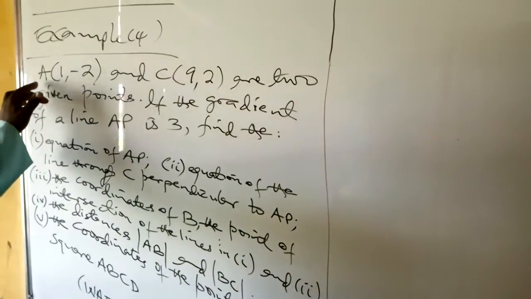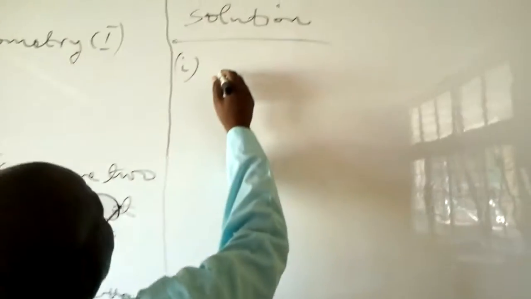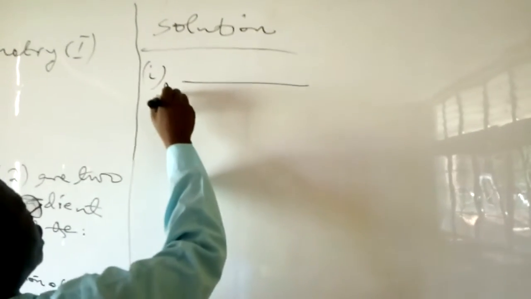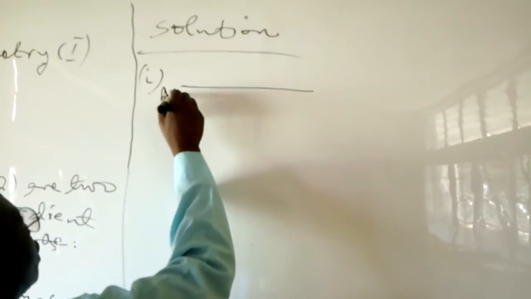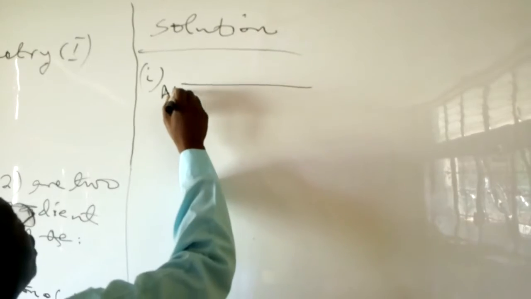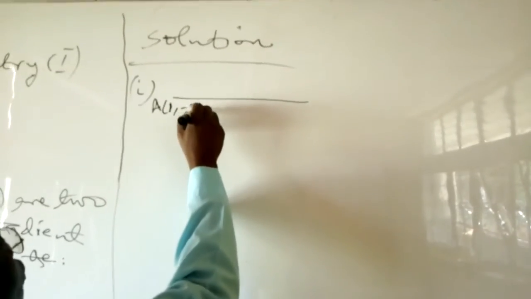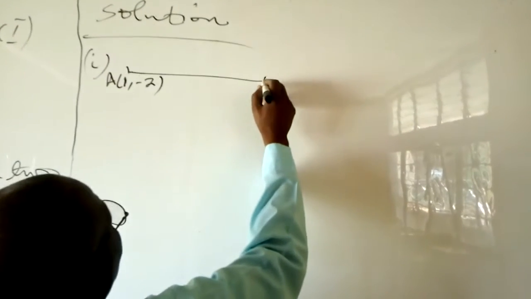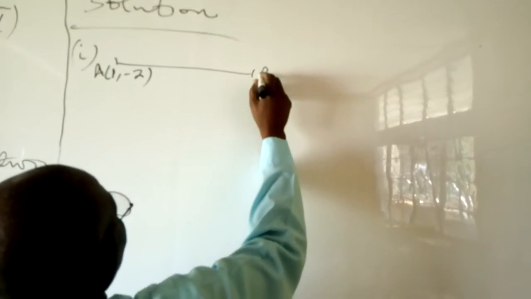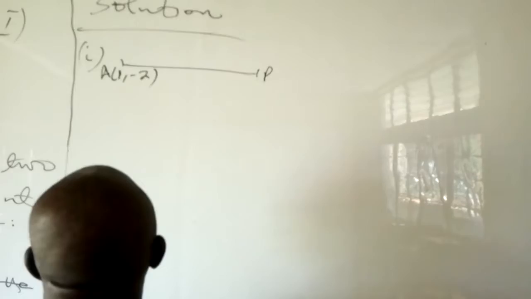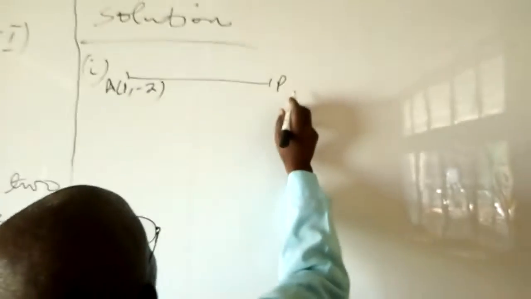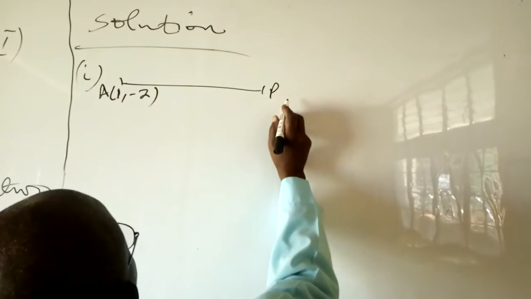If I sketch this line, this is the end point A(1, -2). Then there is point P somewhere, whose coordinates are not known, so let the coordinates be x and y.